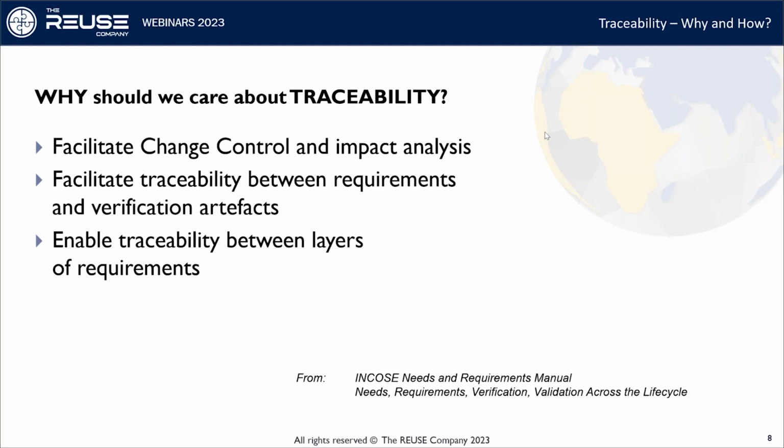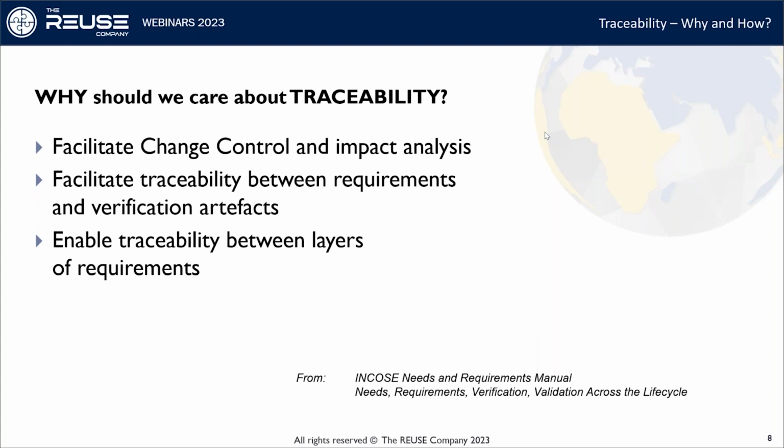You want to have traceability between requirements and the different verification artifacts, like the verification methods and the verification results. And also you want to be able to break down the requirements into smaller and smaller pieces, from system to subsystem to component and so on and so forth.